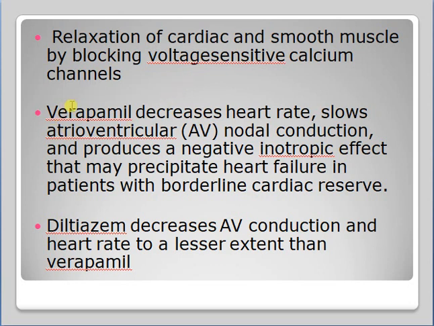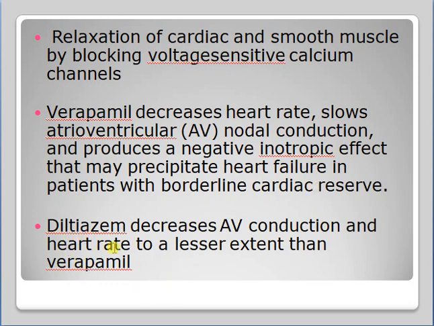So verapamil's effect is oriented towards a negative inotropic effect and can cause reduction in the blood pressure, but again it has some toxic effects also, like it can precipitate heart failure or some borderline cardiac conditions. Then next, diltiazem.